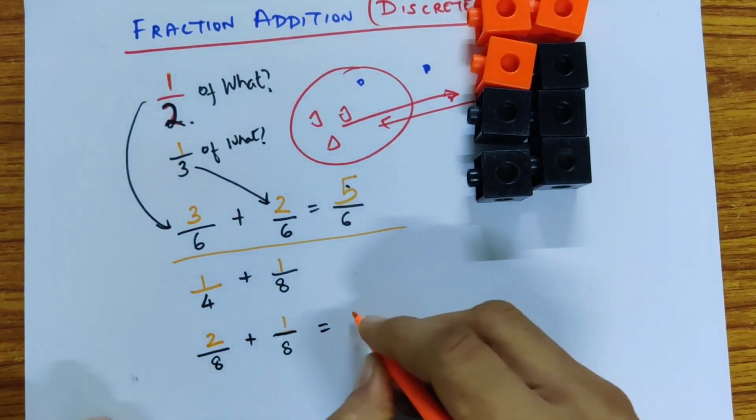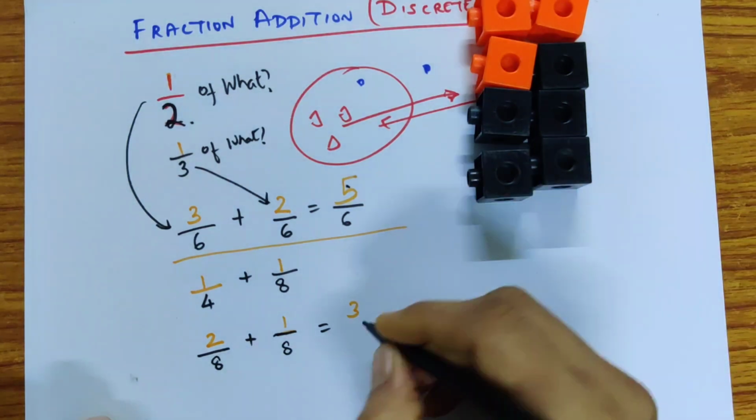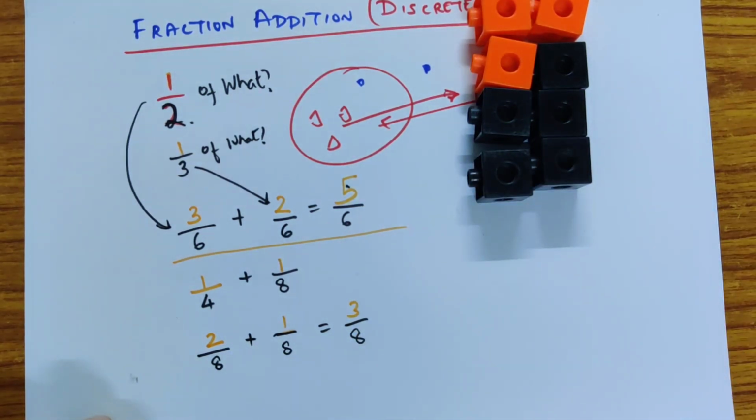So that becomes 3 out of 8. So as long as my total quantity is the same, then I can add the numbers. So this is one way.